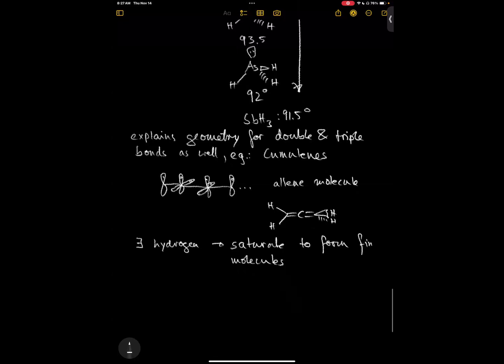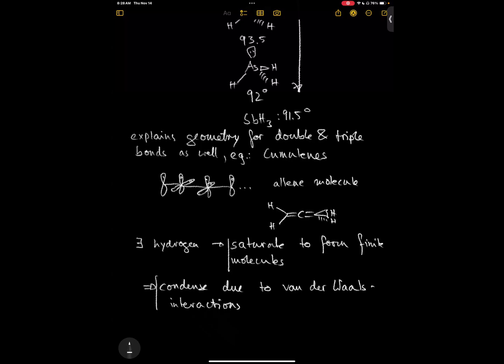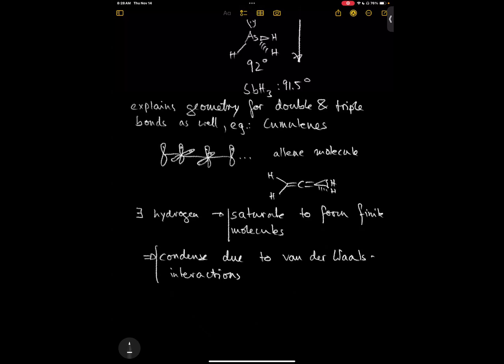And these are finite molecules. And these systems also condense, and they condense no longer due to covalent bonding, but due to van der Waals interactions. And we will still encounter them later on in this course.